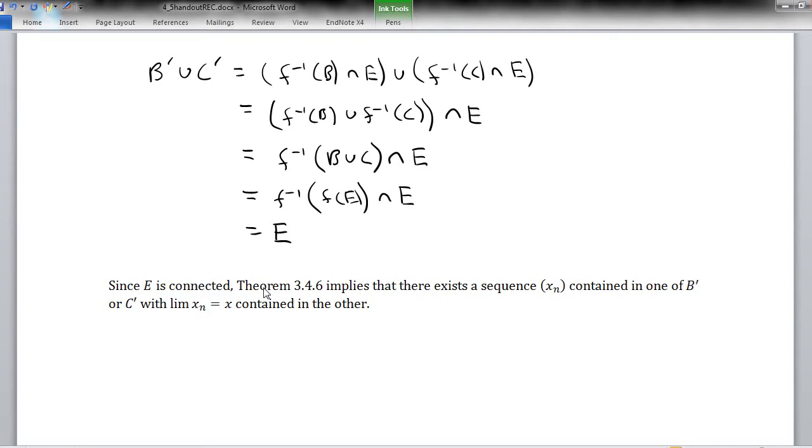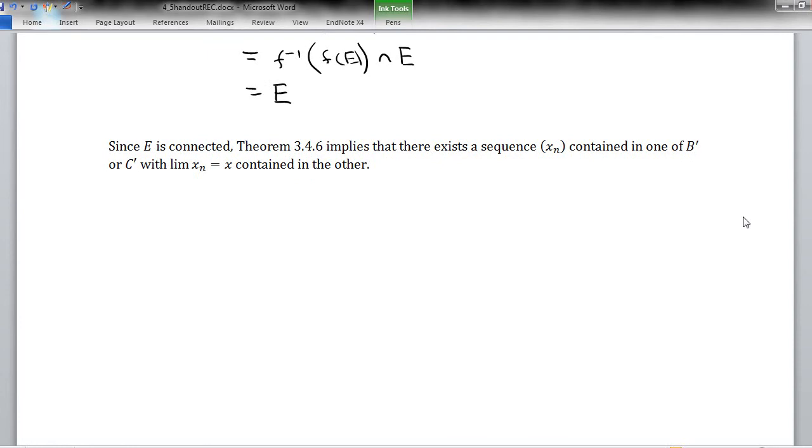All right. Well, now we want to transfer that information forward using the function f. So because f is continuous, in particular at this limit x, we know by the sequential criterion for continuity that limit of f of x sub n is equal to f of x.